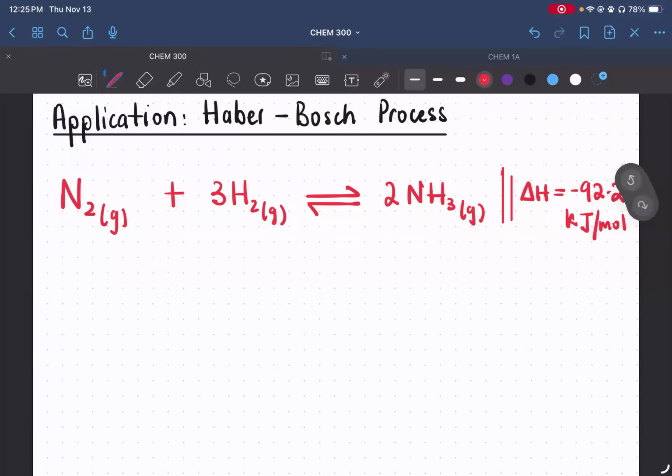I want to make something clear. I'm not expecting you to memorize specifics about the Haber-Bosch process. We're just looking at an example in the real world as to how Le Chatelier's principle can be used. The following reaction, the Haber-Bosch process, represents one of the simplest reactions known to man that takes from the natural atmosphere nitrogen and hydrogen to make ammonia, NH3.